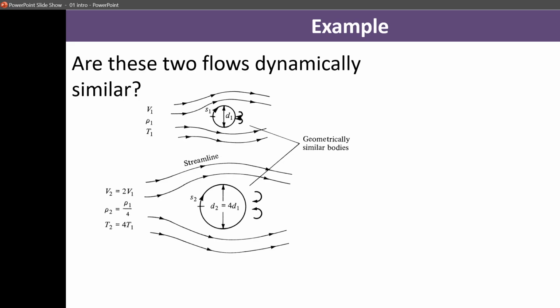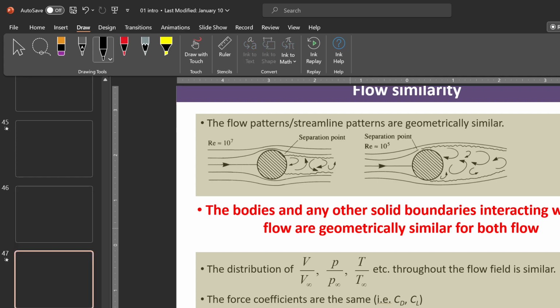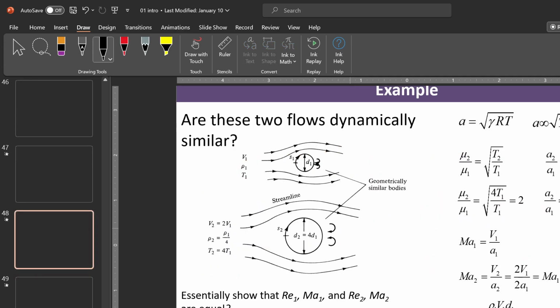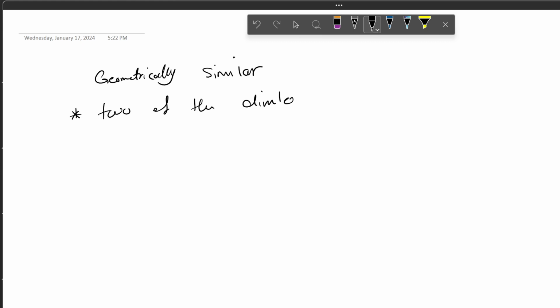The definition of a dynamically similar flow was that the two flows have to, at least, be geometrically similar, and two of the dimensionless parameters have to be equal. I mean, one has to be equal, but we can investigate the other.